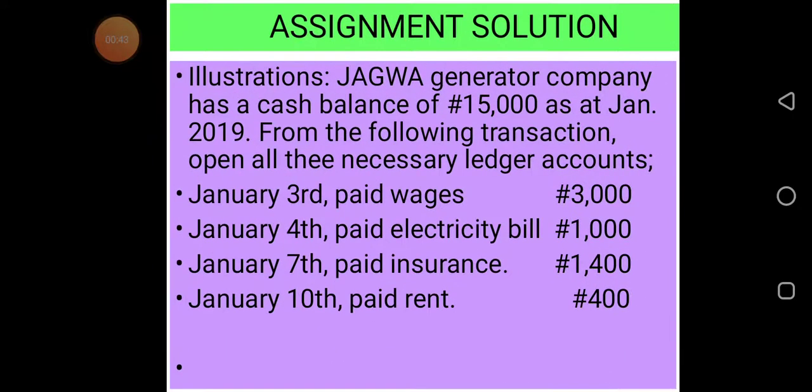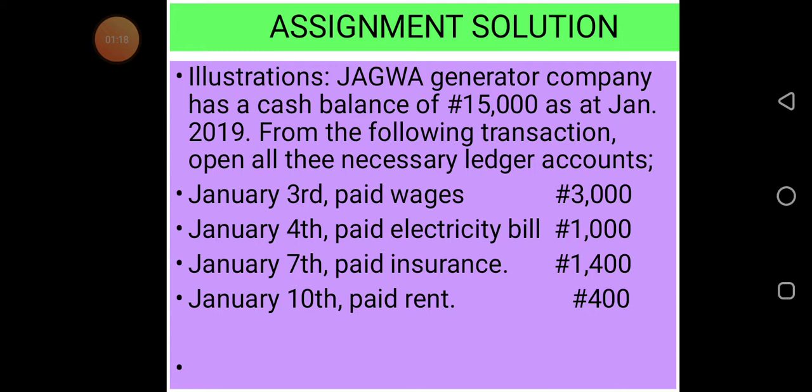But before we go into the topic proper, remember that last class we had the topic double entry bookkeeping. We said the double entry bookkeeping system is a fundamental principle of bookkeeping in which every transaction must have an effect on two sides, the debit side and the credit side.